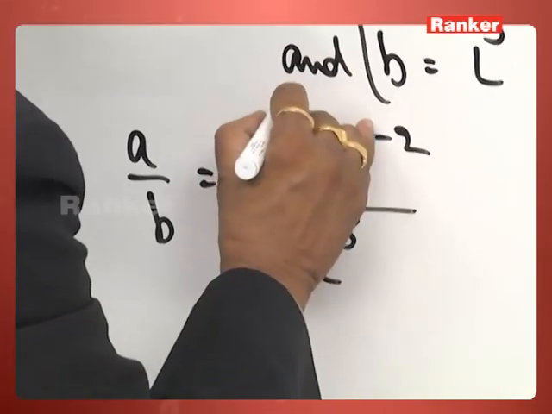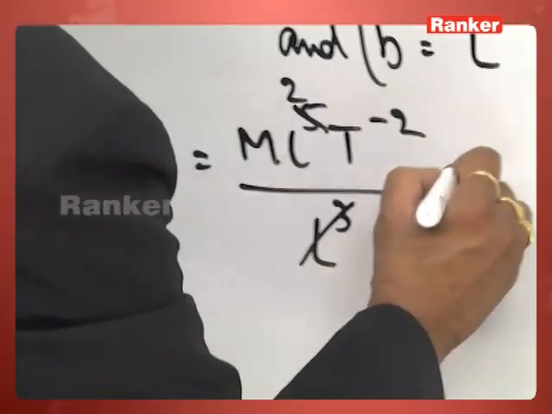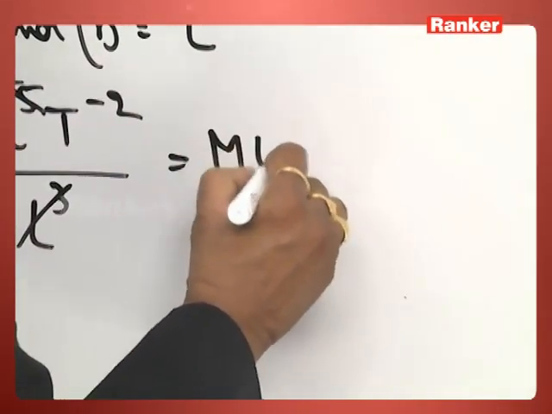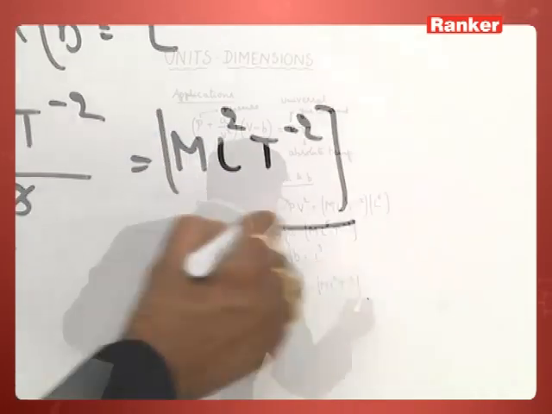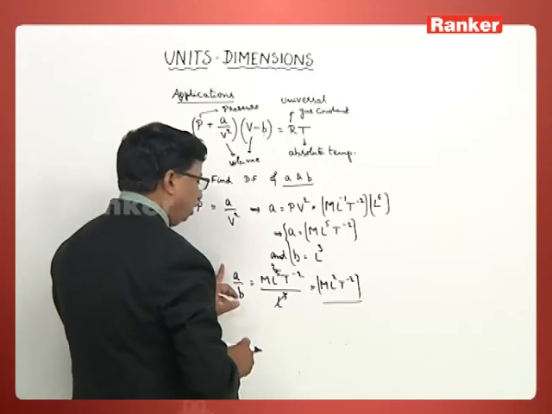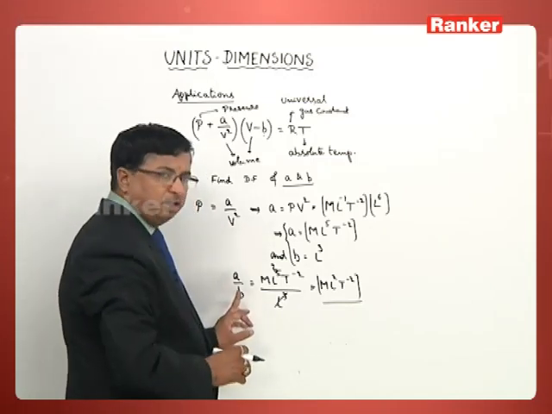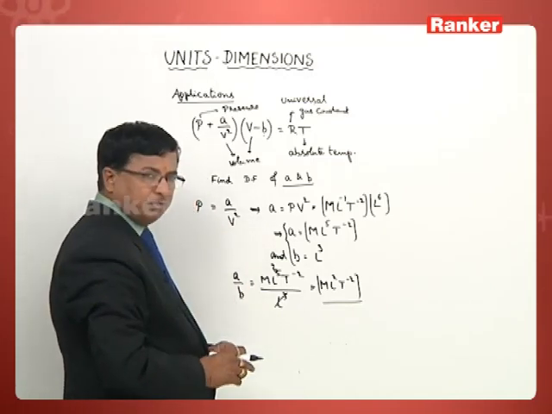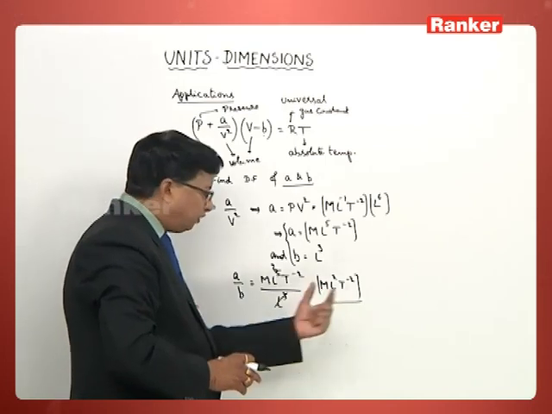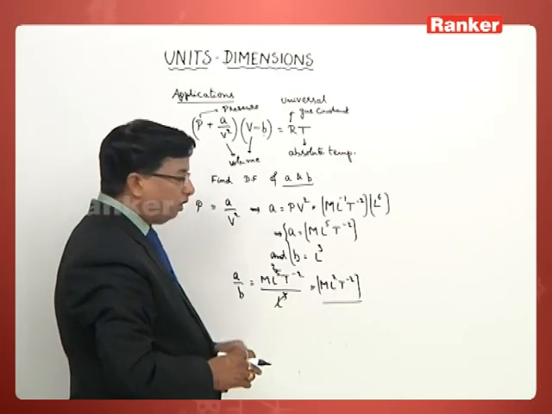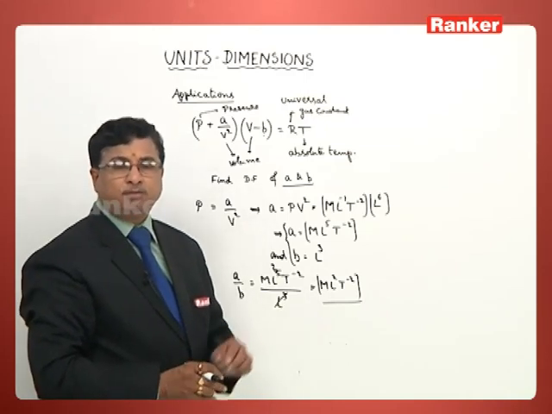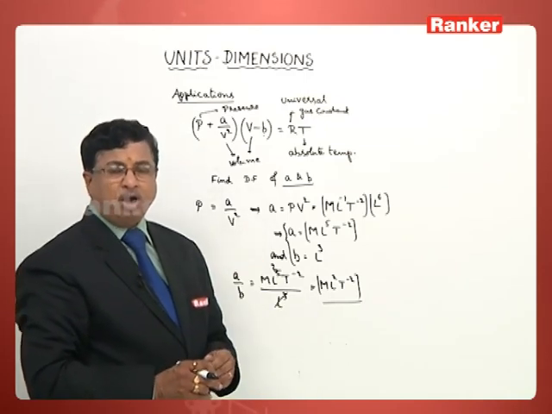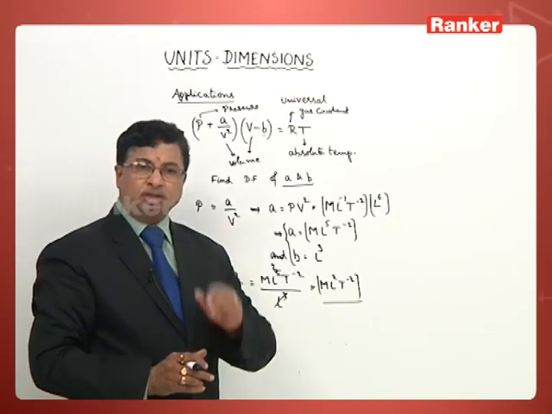This cancels to L square. So, what is left over here? M L square T power minus 2, that is the dimensional formula we get after dividing A by B. And every one of us can understand directly that M L square T power minus 2 is the dimensional formula for work done, or you can even call it energy.